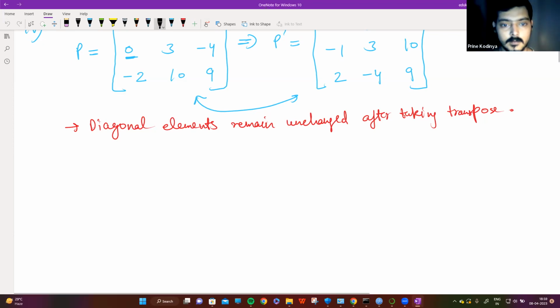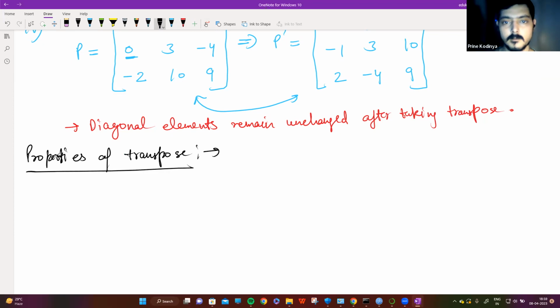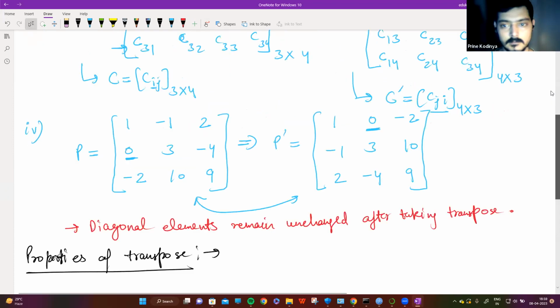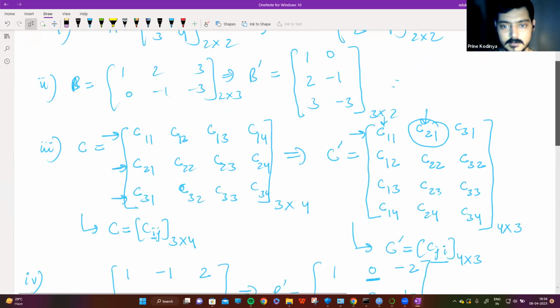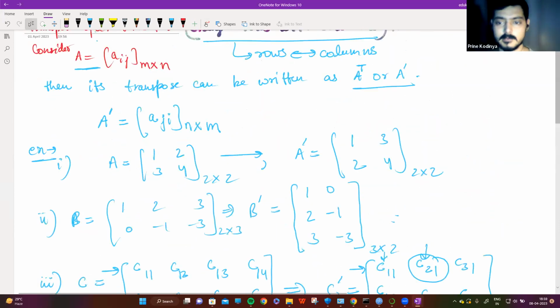When we talk about properties of transpose, let's understand with the given example. Take this example, first one. You can take any example, but let's just take first one because this one is easy to understand. So let's say this is A dash.